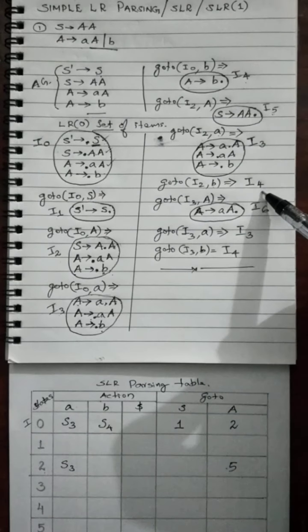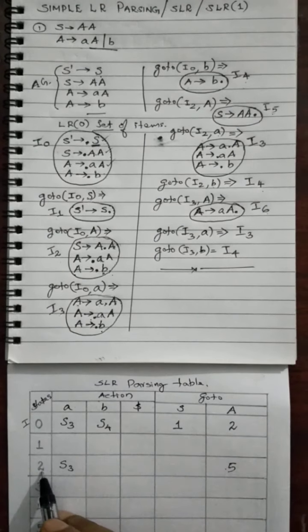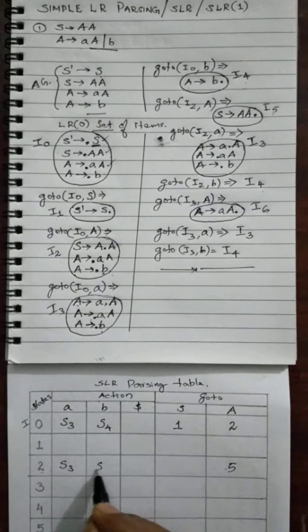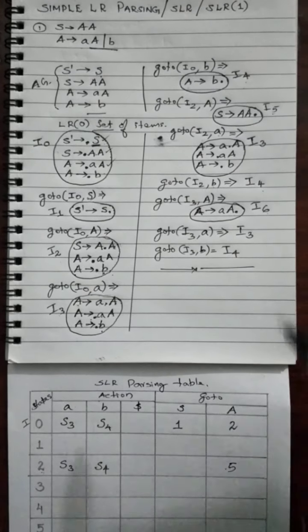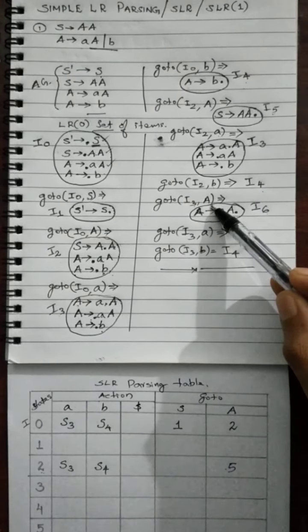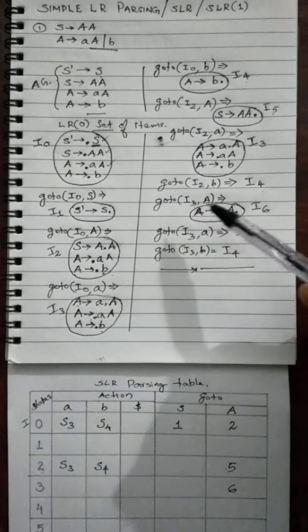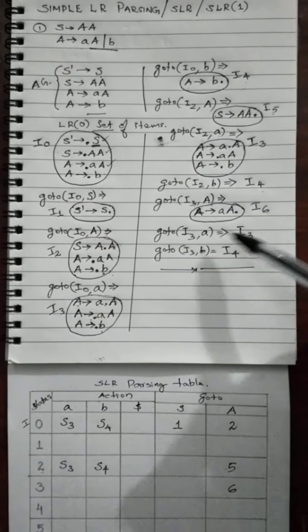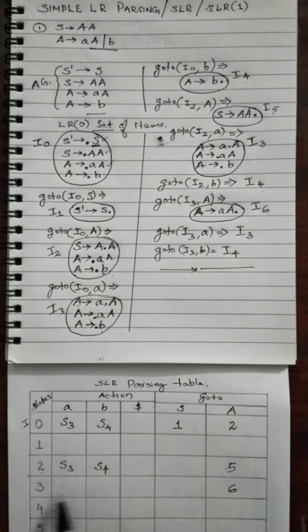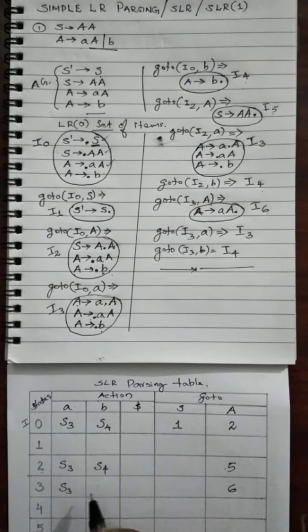I2 with small b, S4. I3 with capital A, 6. Next I3 with small a, S3. I3 with small b, S4.